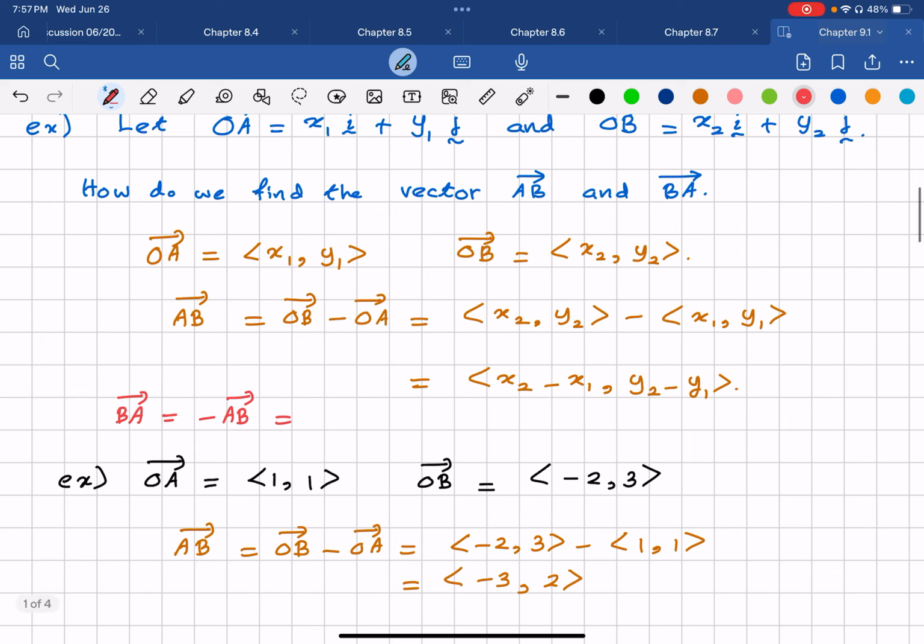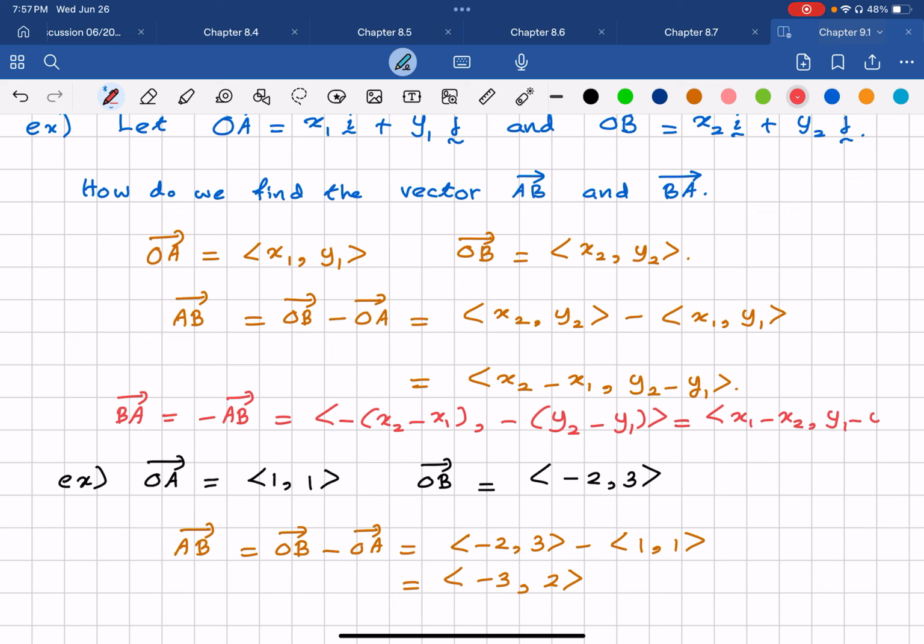So it is going to be negative (x2 minus x1, y2 minus y1), which is equal to (x1 minus x2, y1 minus y2).